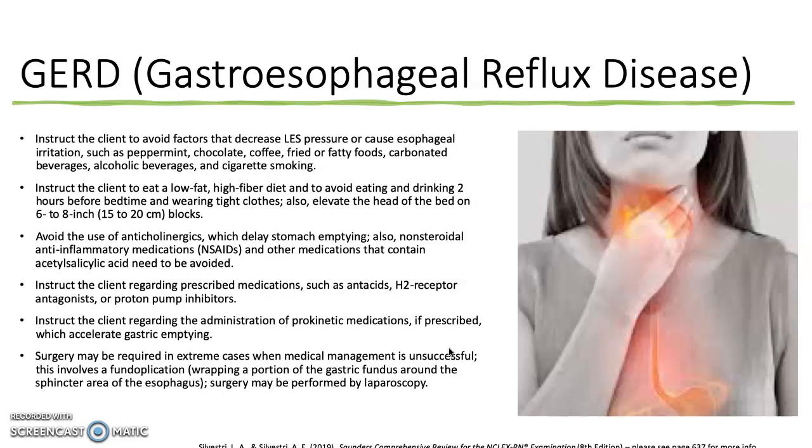So it's this reflux of gastric or duodenal contents into the esophagus that results from an incompetent lower esophageal sphincter, or incompetent LES. So the patient may have heartburn, regurgitation, dysphagia, bad breath, chronic coughing. Those are some common symptoms you may see.